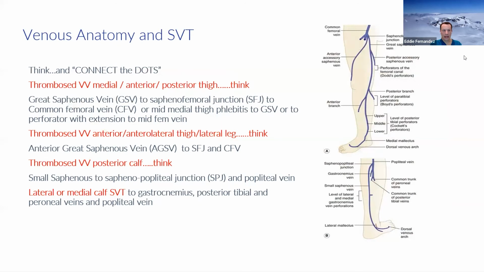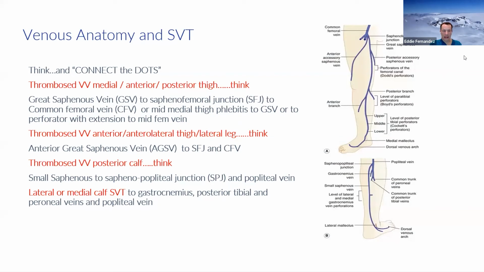So when you look at the anatomy, at the person, think about the anatomy, think about connecting the dots. You have thrombosed varicose veins in the medial, anterior, posterior side. You start to think greater saphenous vein, common femoral vein, or medial thigh phlebitis with the GSV, progression into possibly the SFJ.